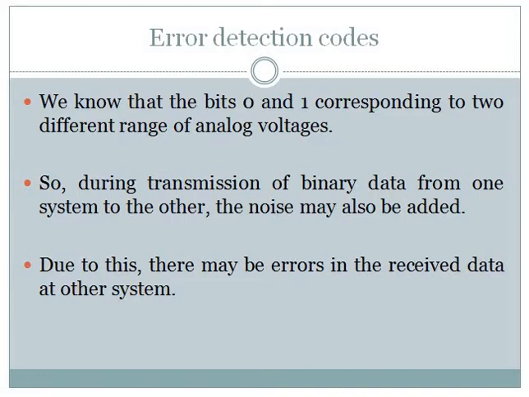If we send data from a source to a destination, there may be external noise in the middle, so that the sent data can be changed due to the external noise. That is, it may be changed from 0 to 1 or 1 to 0.